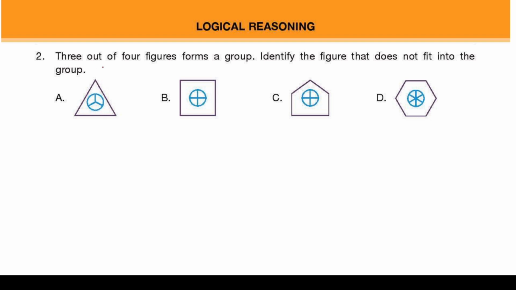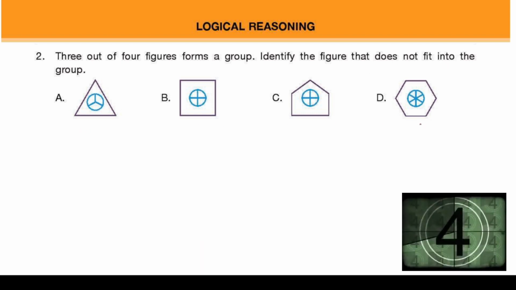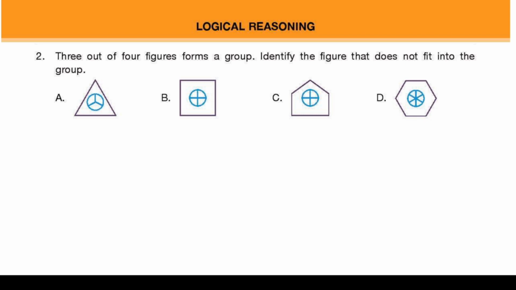Next question is, 3 out of the 4 figures form a group. Identify the figure that does not fit into the group. Well, were you able to identify the pattern? Now, if you look at each figure, it has 2 parts.